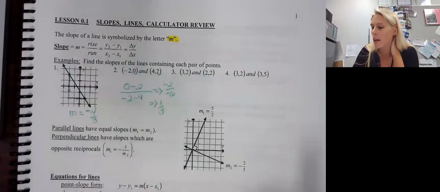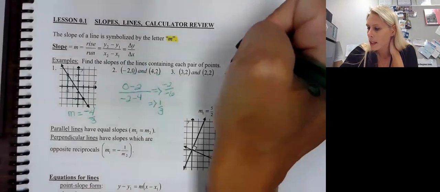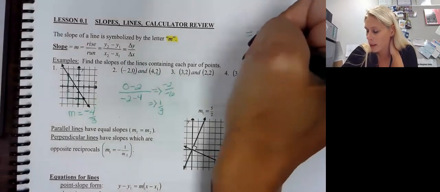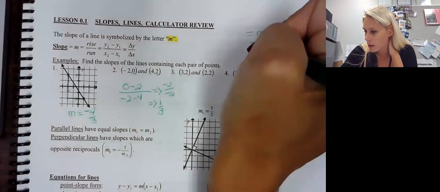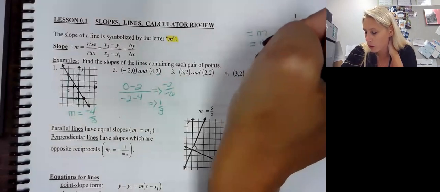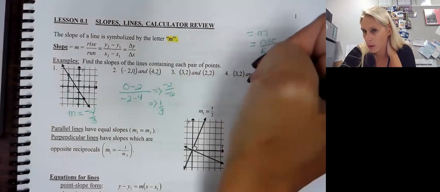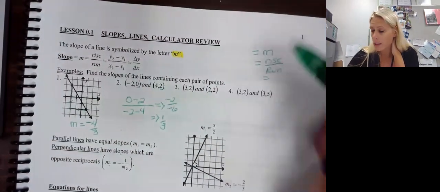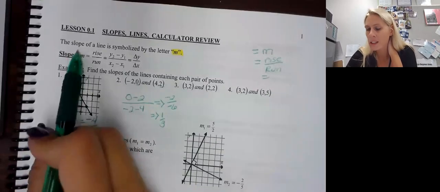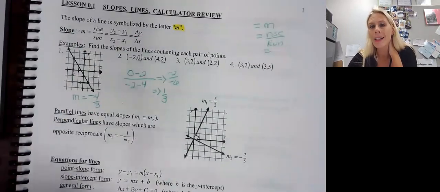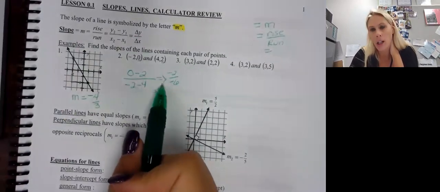It would have been better if it was equals M, which equals rise over run, which equals so on and so on. Okay, so if it's vertical, it's fine. Horizontal, it's not.